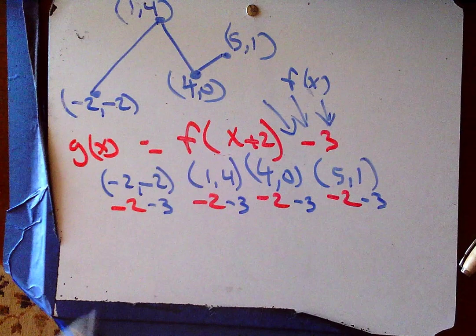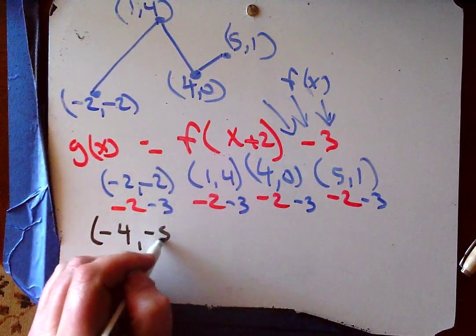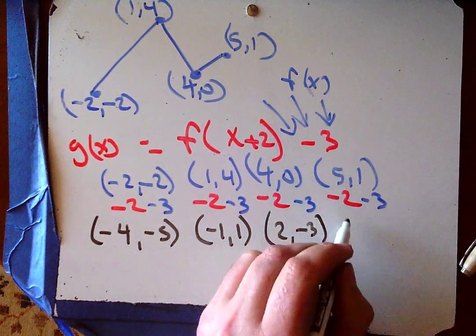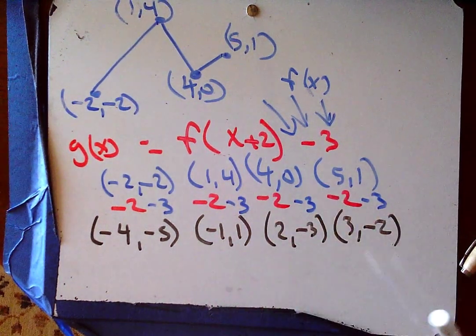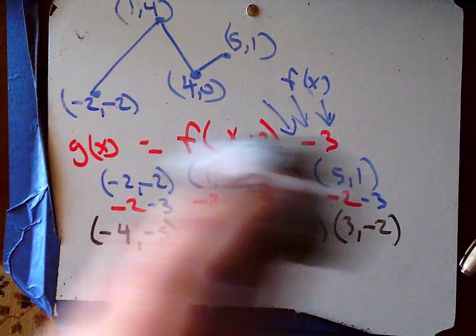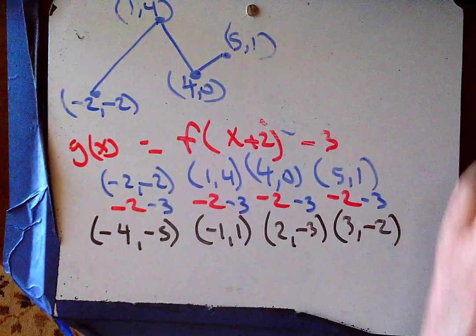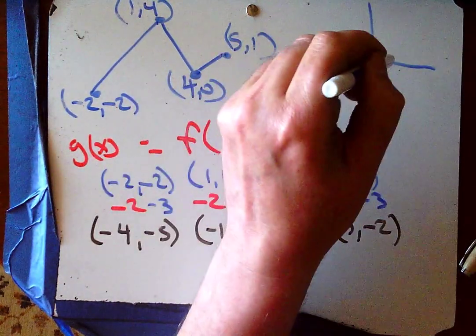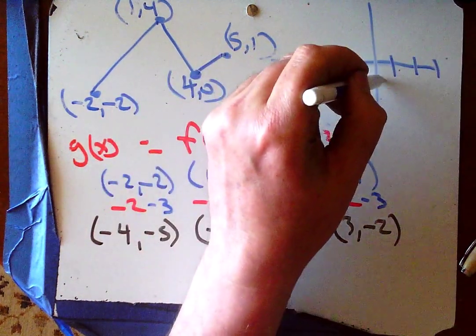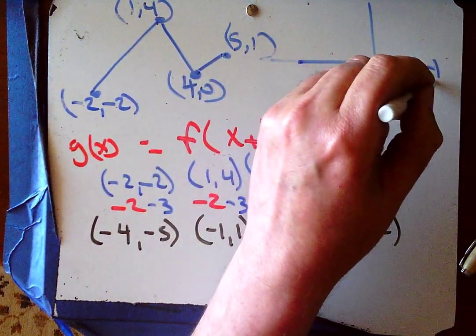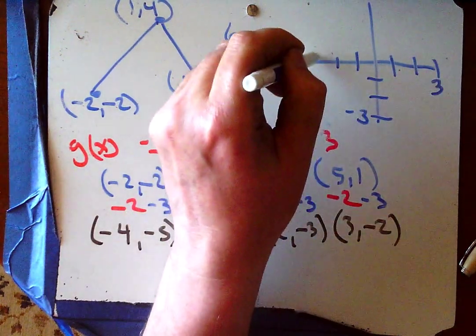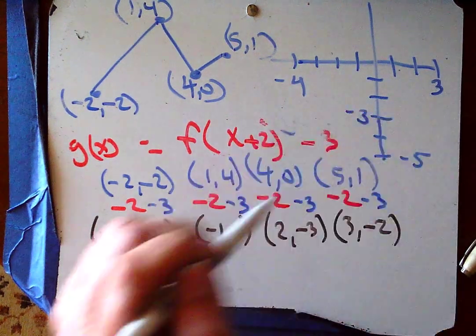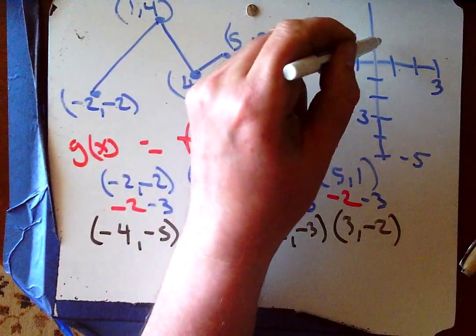So where are my final points? Negative 4, negative 5, negative 1, 1, 2, negative 3, and 3, negative 2. And now I need to graph this function. Okay? So I need negative 4, I need negative 5, and positive 1.